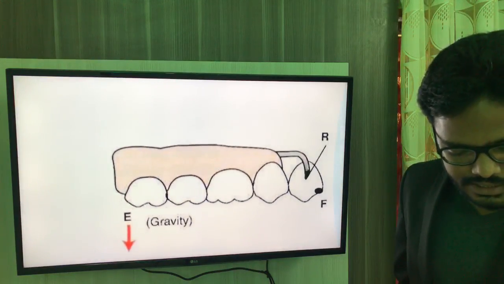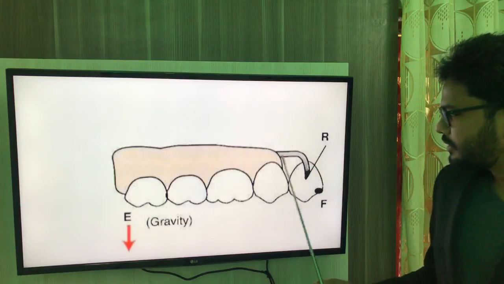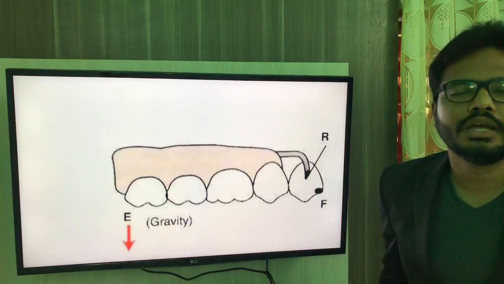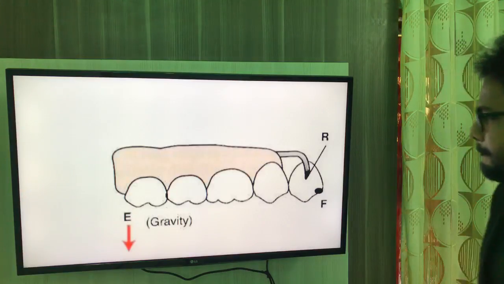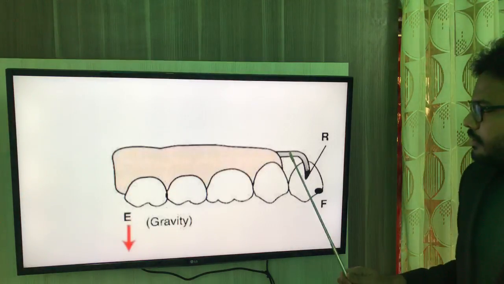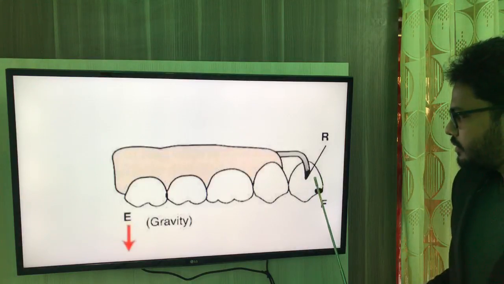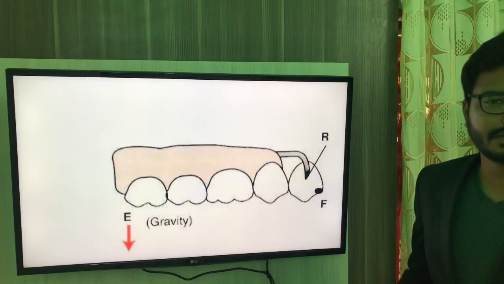So the same thing when compared to a distal extension partial denture. So what does this represent? Have you seen this previously? We discussed it in one of the virtual classroom sessions. You can see a retainer which is approaching from the gingival aspect, and you have a mesial rest. So what is this concept, RPA?